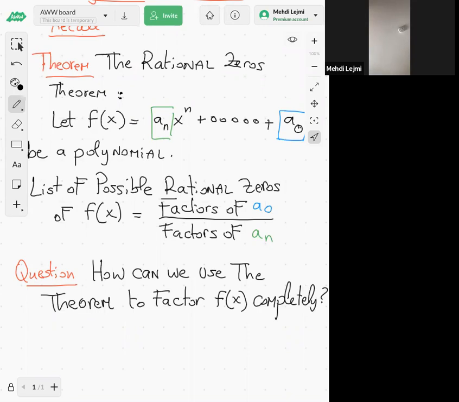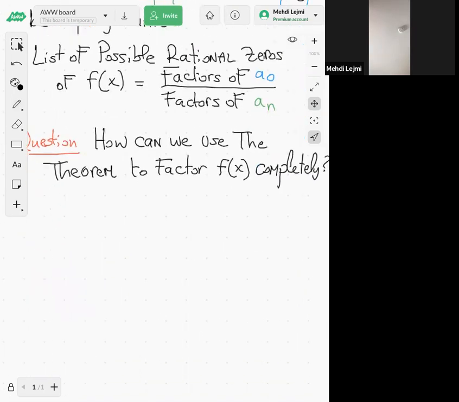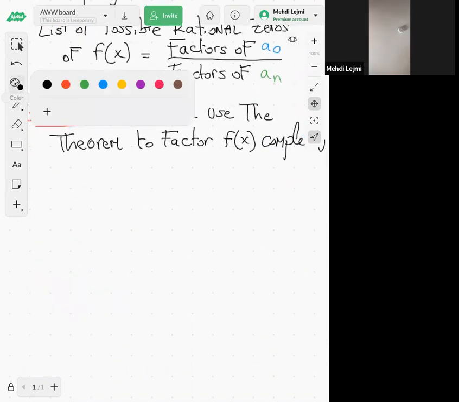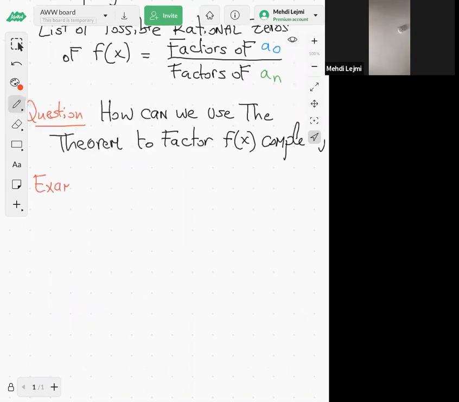Right? So here's an example. So this example is going to be similar to the problems 5 and 6 in the homework.